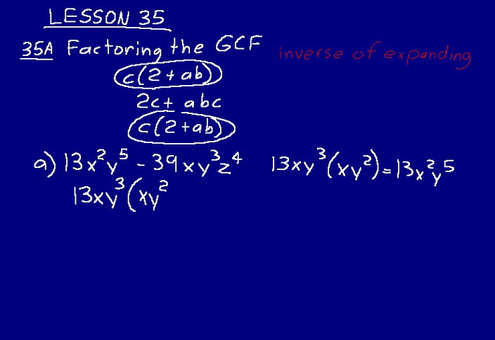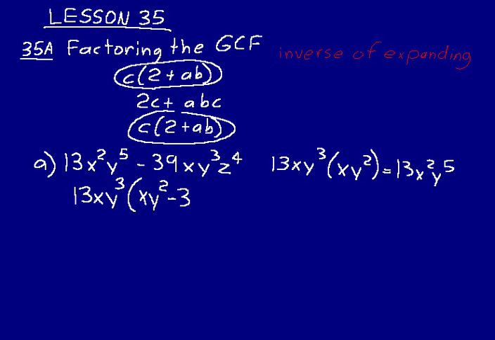Now let's think about what we would have to multiply 13xy cubed, our greatest common factor, by to get that second term there. Well, we would need a negative 3. We'd need a negative 3 for the coefficient, because 13 times negative 3 is negative 39. And then we wouldn't need an x, because it's just x to the power of 1.